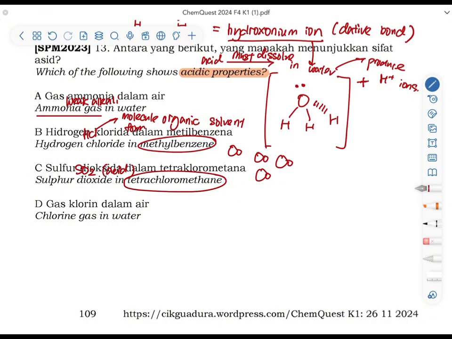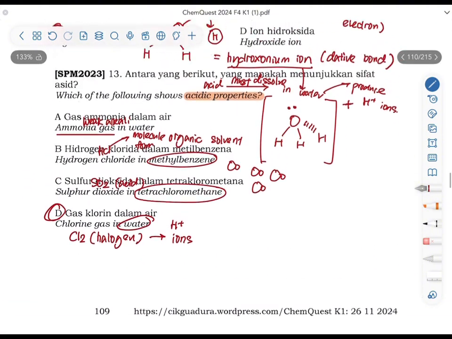So we will not get the acidic properties when we test the solution with litmus paper. So the answer would be D, which is chlorine gas, as we know that chlorine is a halogen. When it dissolves in water, it will be present in ion form and produce hydrogen ions. This chlorine gas can dissolve in water to give the acidic properties. So the answer would be D.